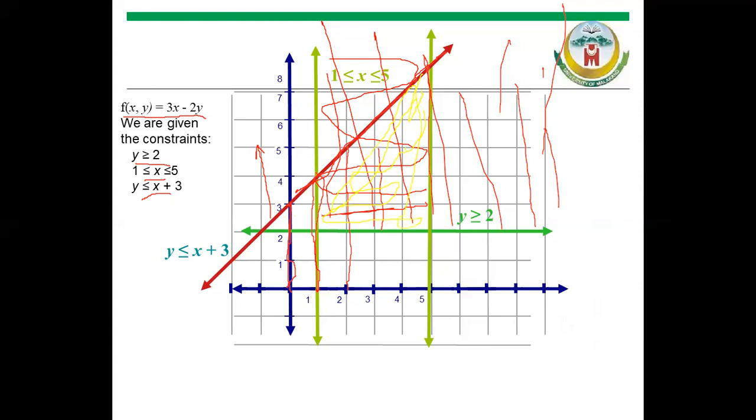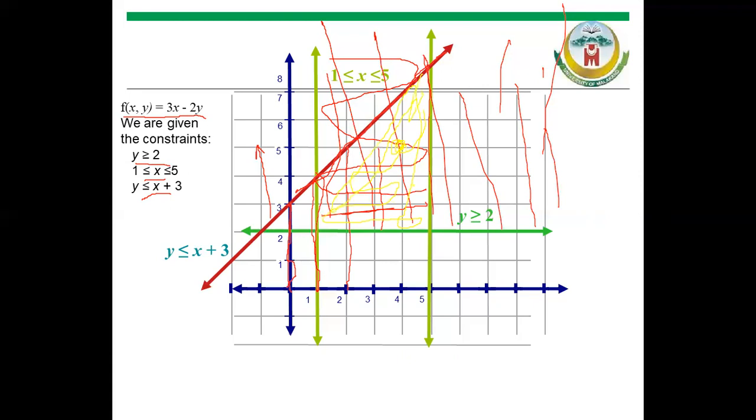Now let's consider this point: y is equal to 5, and if we take x plus 3, x is 4, 4 plus 3 is 7. So y is 5 and x plus 3 is equal to 7, and we say that y should be less than or equal to, so 5 is less than 7.